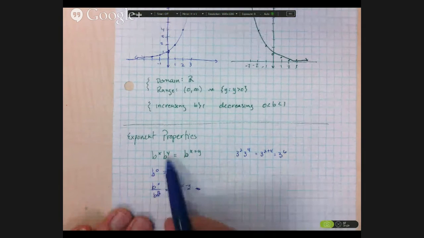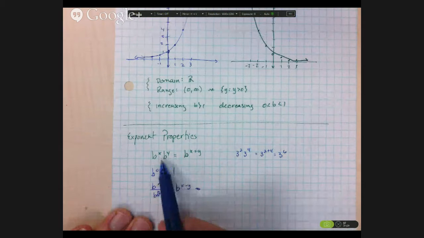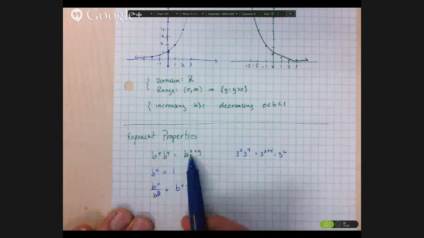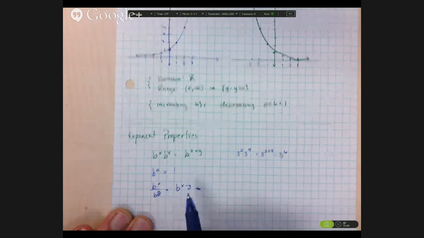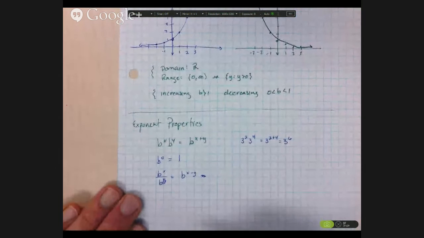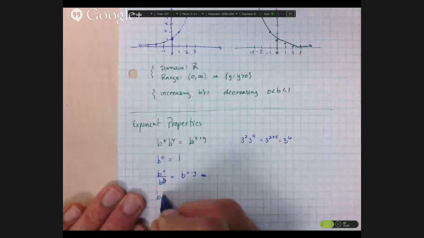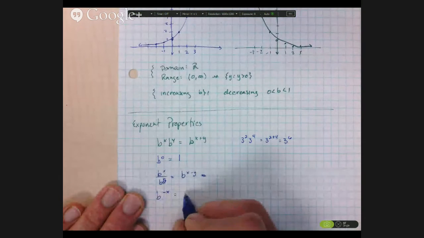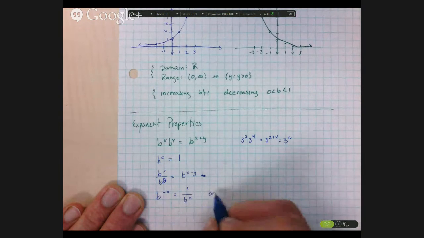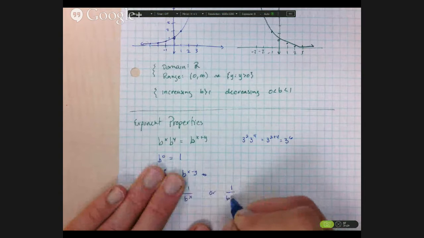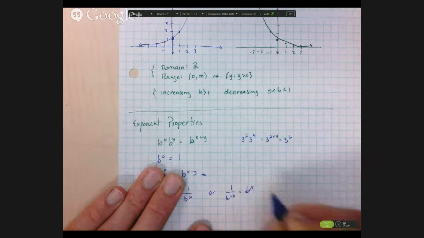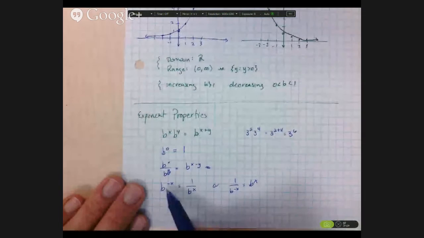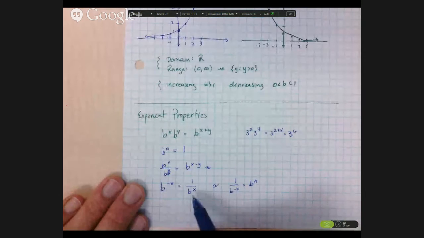It's just the opposite of multiply. Okay, if you multiply these together, it means you add the exponents. If you divide, it means subtract. Okay, negative exponent. So if I have a negative exponent here, it means drop it underneath.